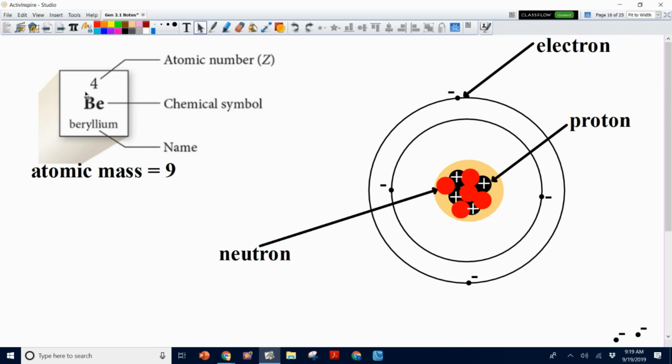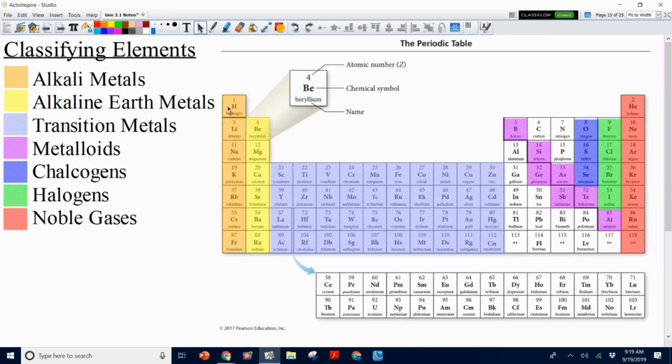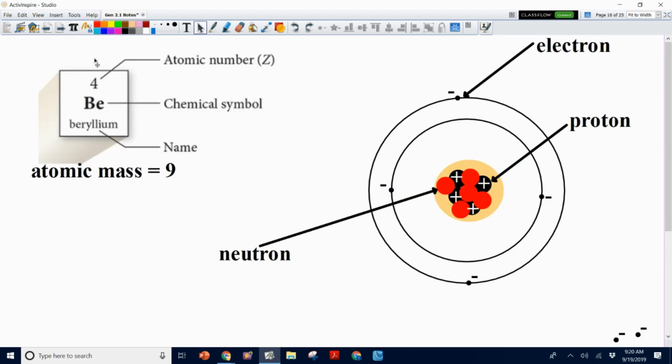All right, so let's talk about atoms. On the periodic table, all periodic tables have this type of information on there. So what I've done is I've taken this beryllium that they used here, and I've enlarged it just a little so that we can talk about what these different things are.